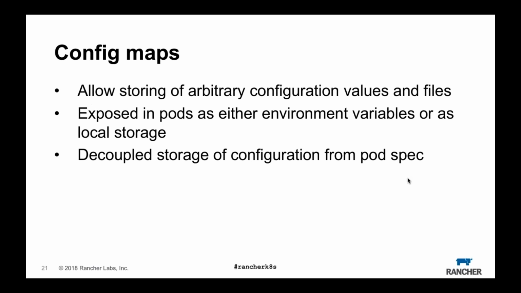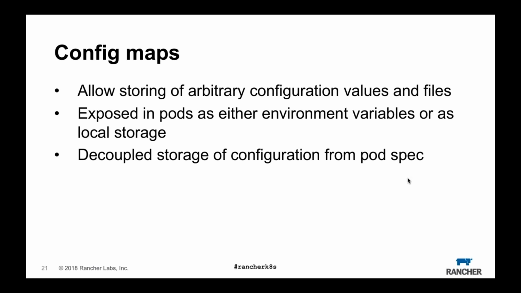And then going on, there are also config maps. Basically, what they allow you is to decouple the configuration from the actual pod spec. Previously, with Docker, often what you would do to provide configuration to your container is use environment variables and provide the values of these environment variables in the Docker compose file. With config maps, you get decoupling.